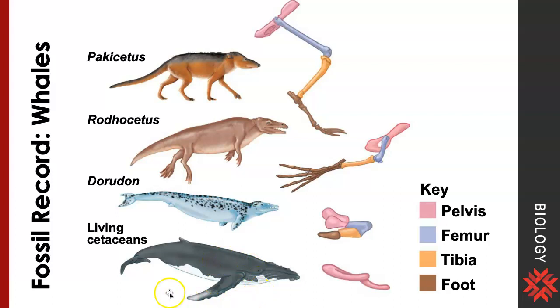And even our modern day cetaceans, but whales are one example of cetaceans. Also within this group, you have the dolphins and the porpoises. But all of those cetaceans have descended from this four-legged hoofed animal. And whales now still have just a little bone left over as their hind leg structure.